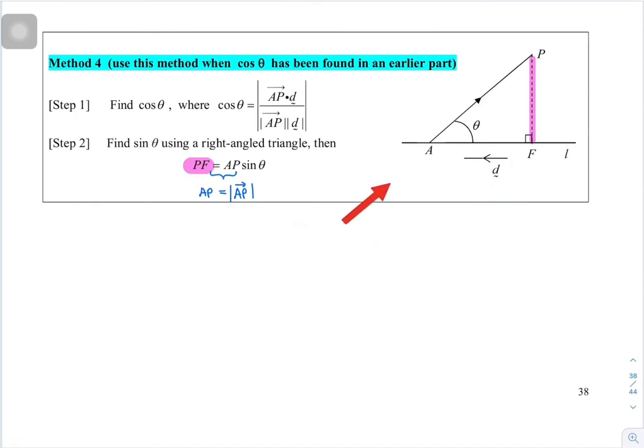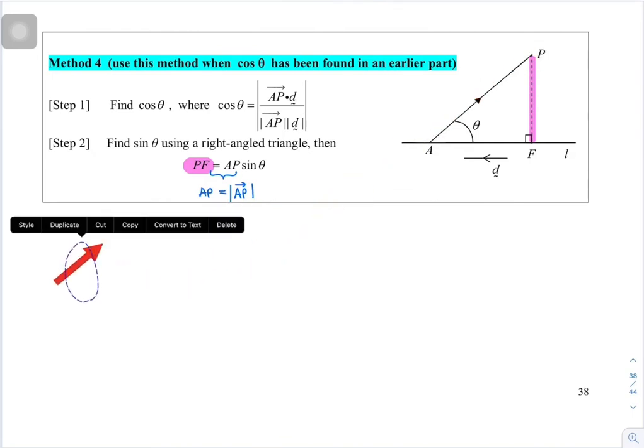So basically PF is equal to AP sine of this angle, right? The line segment AP is basically the magnitude of the vector AP itself.